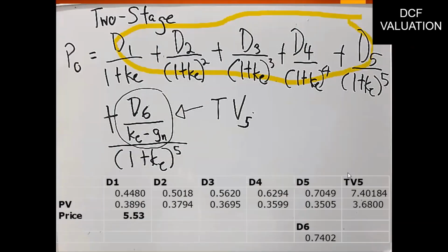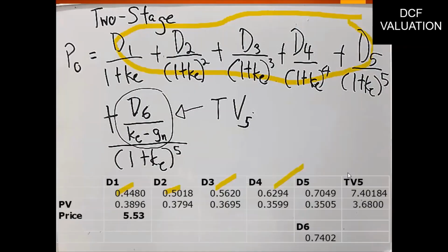So if dividends now is 40 cents, times 1.12, dividend 1 is 44.8 centavos. Times 1.12, dividend 2 is 50.18 centavos. Times 1.12, dividend 3 is 56.2 centavos.